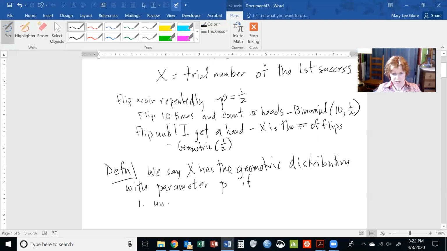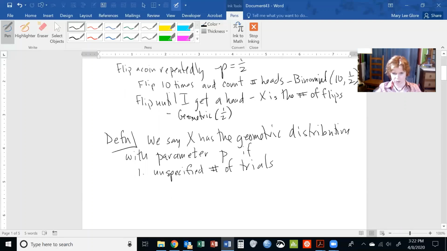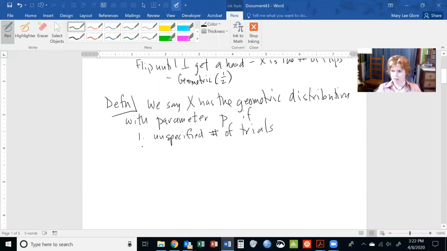There's an unspecified number of trials. So there's no N here. There's no flip a coin 10 times or flip a coin 50 times or whatever. There's an unspecified number of trials. We still have 2 outcomes in each trial, either a success or a failure.